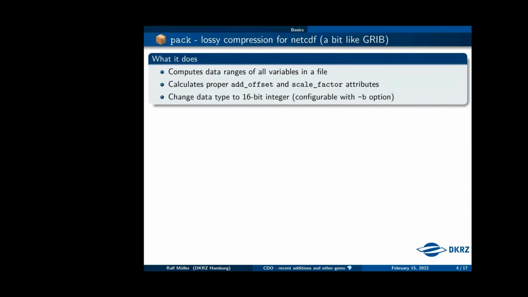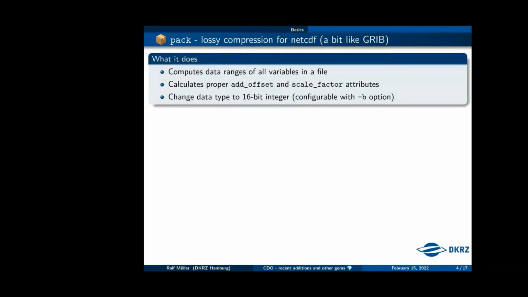Of course, it uses an attribute approach on variables, and you can compute an offset and scale factor, which is totally in line with the CF conventions. So if you do this kind of compression, most of the tools will work with that. So it's not a big deal, but it's a lossy compression the same way as the grip compression works.